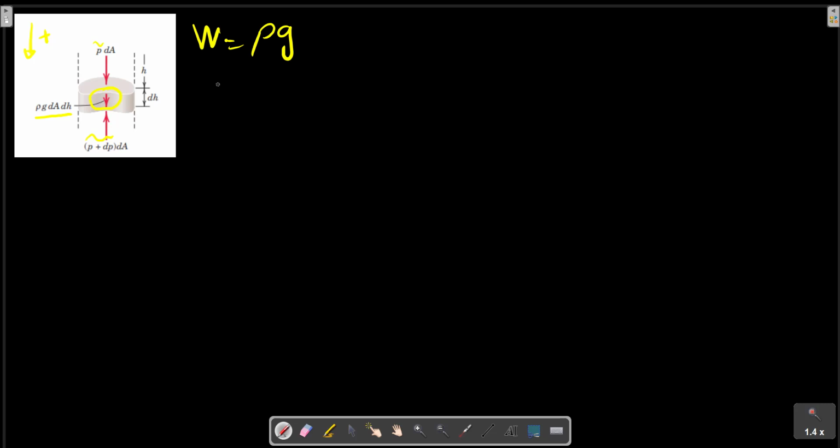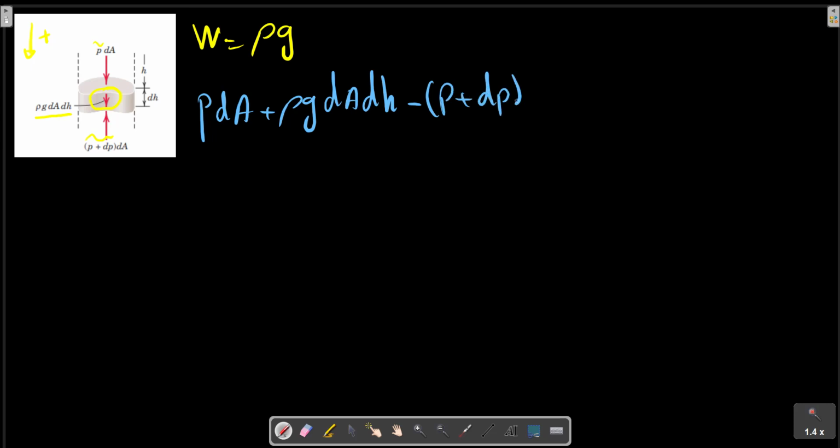Equilibrium of the fluid element in the h direction requires this relation: P dA plus rho g dA dh minus (P plus dP) dA equals 0.